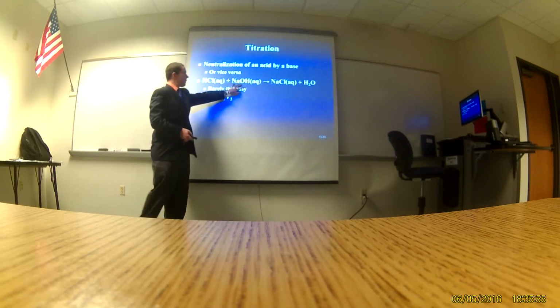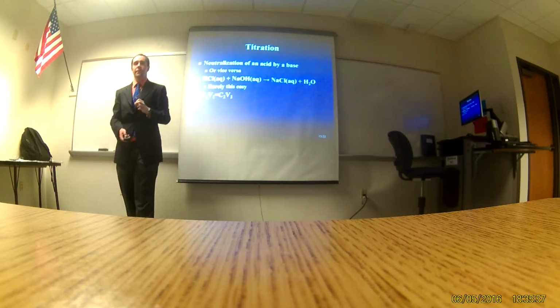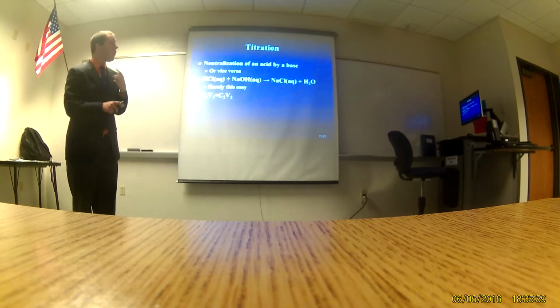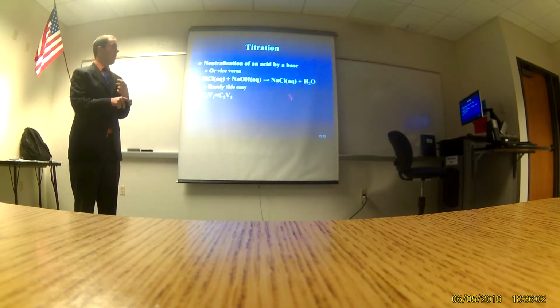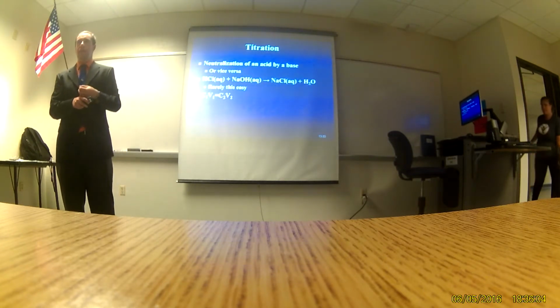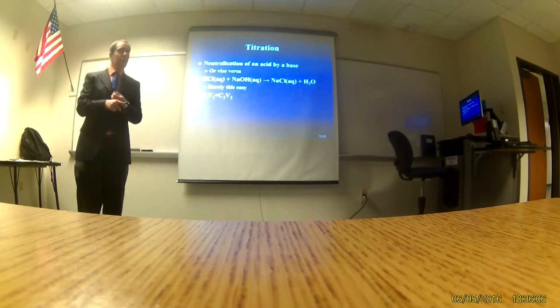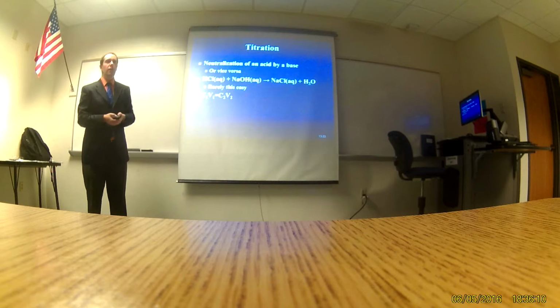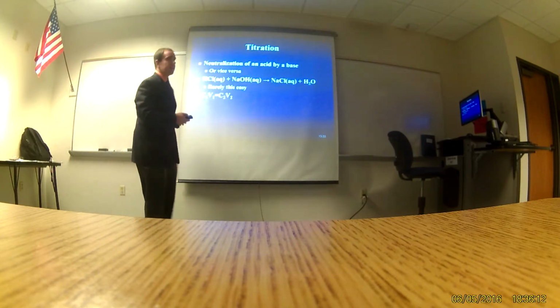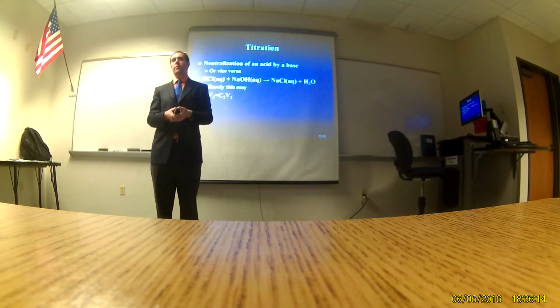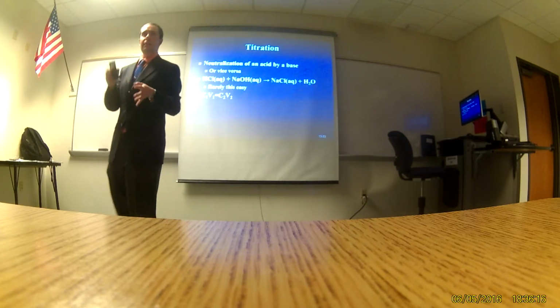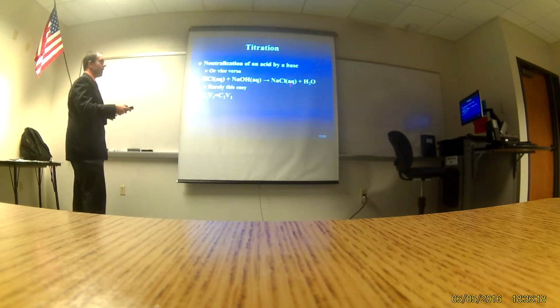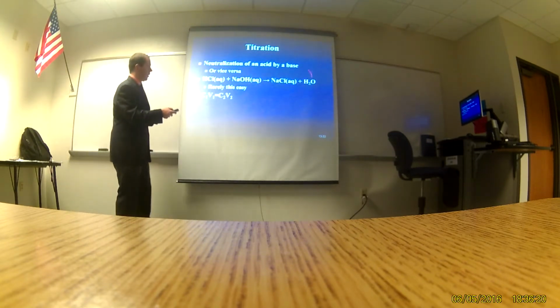When you add acids and bases, you always get water and a salt. And when I say a salt, in this case it is salt, sodium chloride, but you get a salt. And a salt is an ionic compound, remember. So when you add an acid and a base, you get an ionic compound and water.